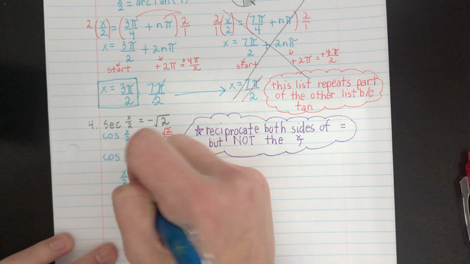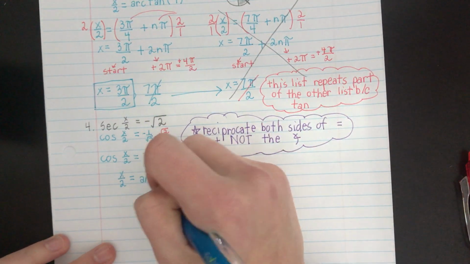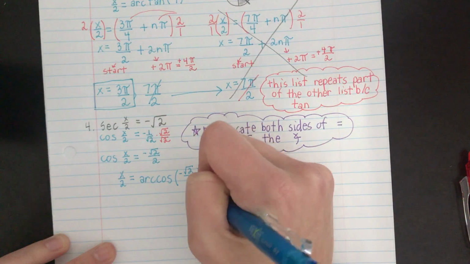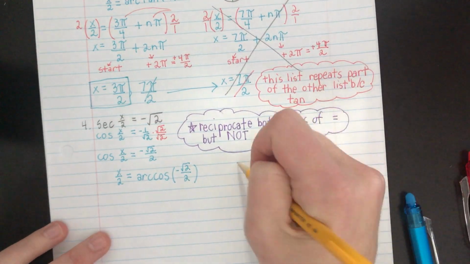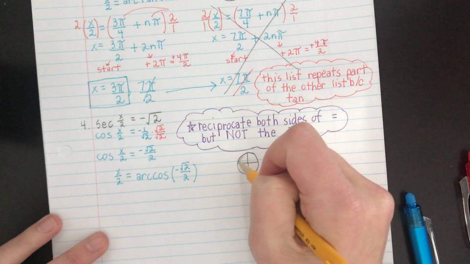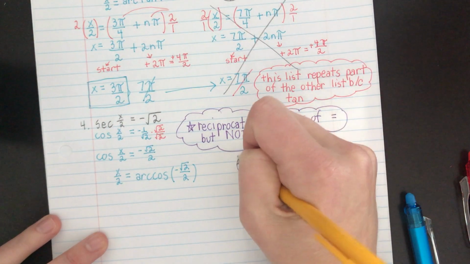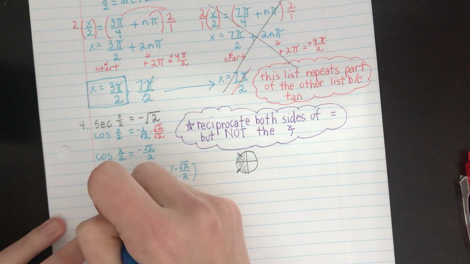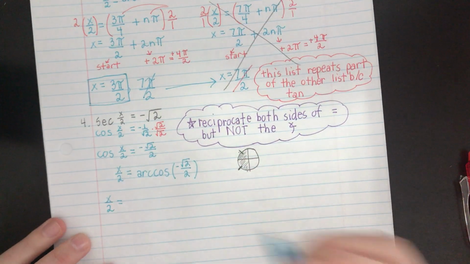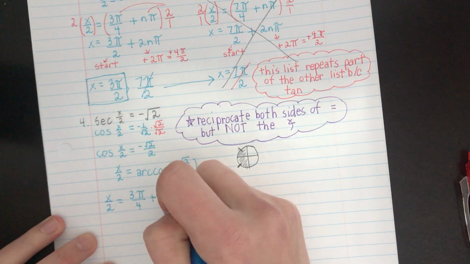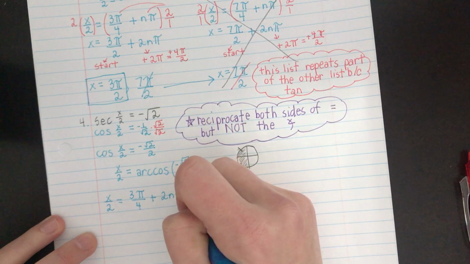And then, of course, arc cosine left and right. So x over 2 equals arc cos negative square root 2 over 2. And then the angle whose x value is negative, hint, hint, square root 2 over 2, that's your twins. So x over 2 equals 3 pi over 4, since we're talking cosine, plus 2n pi.